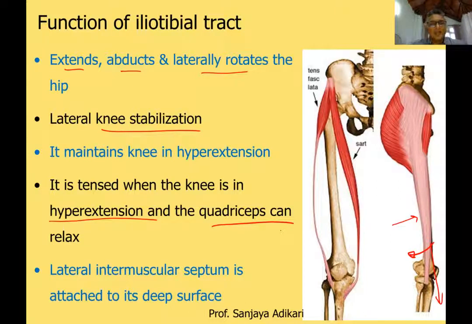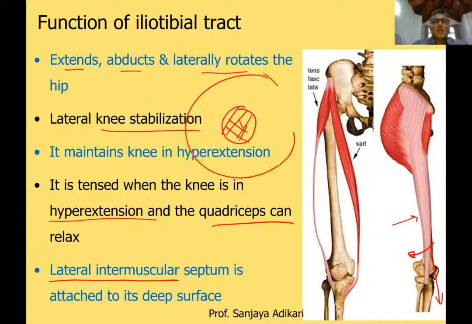You can practice that. Okay, and the other point is the lateral intermuscular septum. Lateral intermuscular septum is attached to the deep surface of the iliotibial tract. We have discussed this intermuscular septum when we discussed the upper limb. Now, if this is your bone, if this is your deep fascia, usually the thigh, leg, arm are divided into muscular compartments by intermuscular septa.